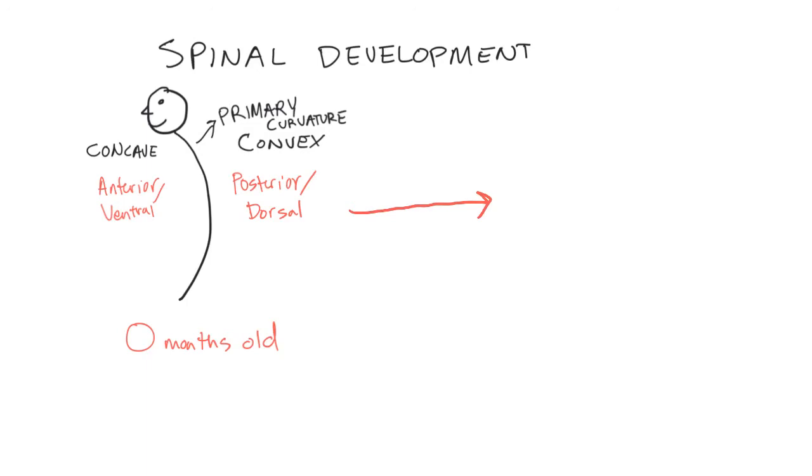But after a few weeks, let's say 4 weeks, maybe as early as 2 weeks, there's some variation there. Oh wait, let's also put in our different types of vertebrae. So we have our cervical vertebrae here in the neck, thoracic, lumbar, and sacral. We'll ignore the coccyx at this point.